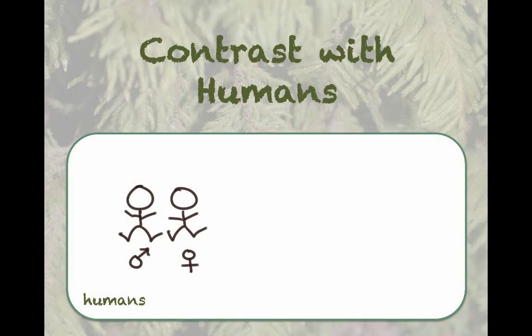Before we take a look at that, though, let's think about what happens in humans. It's a good contrast because it's probably the life cycle we're most familiar with. And in humans, we only have one generation. It's us, right? So if we think about reproduction in humans, each of us has two complements of DNA, so we're said to be diploid, or 2N.